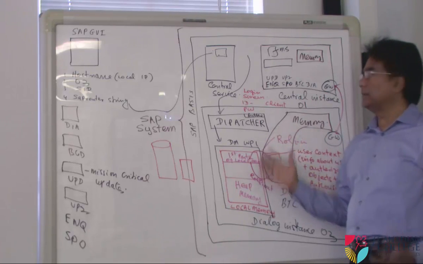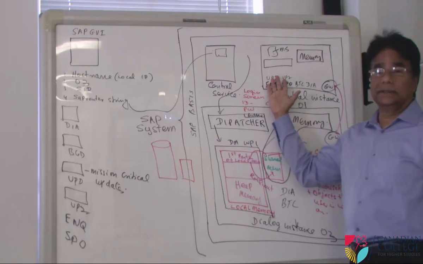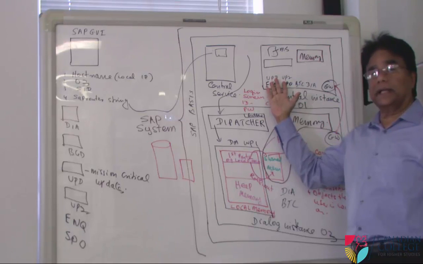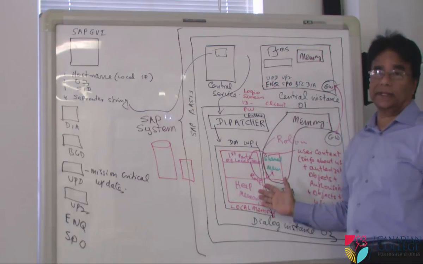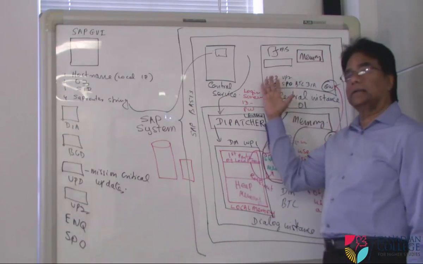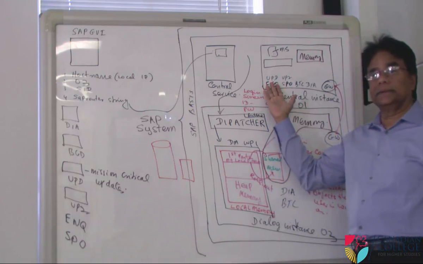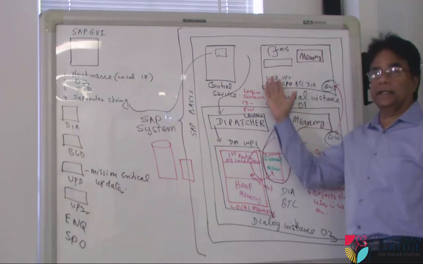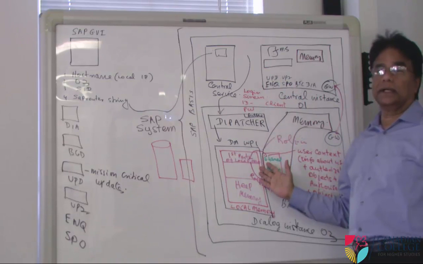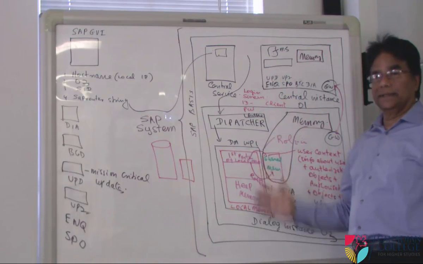Apart from that, I can have different environments here. The login password length is different here, password length is different. Also, I can have different profile parameters here. Default client here is 800, default client there is 200 or 300, right?